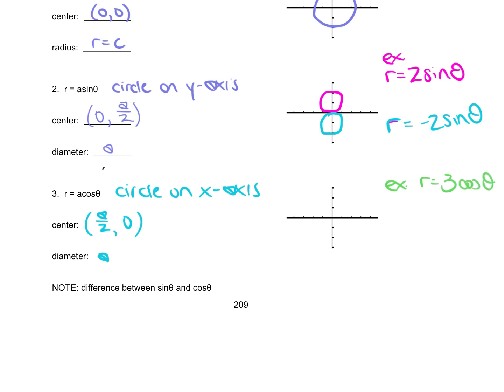Again, I don't worry so much about the center. I start at 0. I go out a diameter of 3 on the positive x-axis. So I would say my circle looks something like that. Or I could give you R equals negative 4 cosine theta. Because it's negative, where do I draw it? The other way, with a diameter of 4.